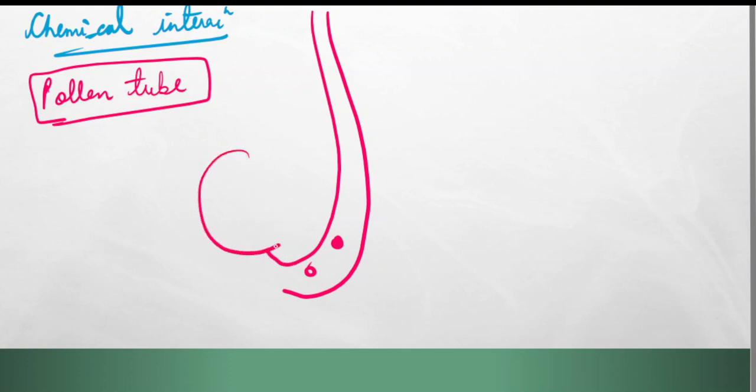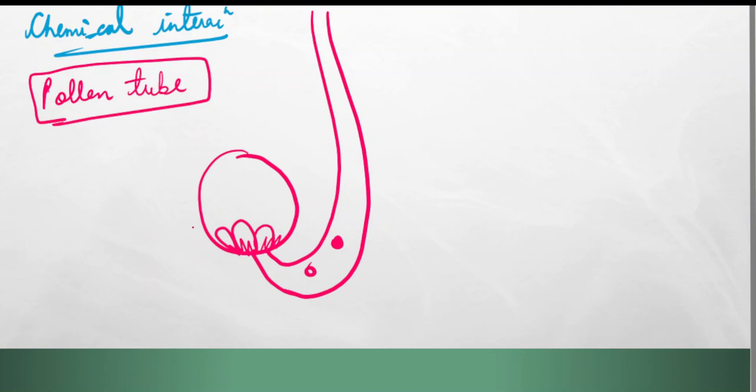See, it's going here, and here you have two synergids, and in the middle you have the egg cell. And you even have the filiform apparatus here. So the filiform apparatus is here to show the direction to the pollen tube, and it's present near the synergid. We know this already. We have studied this when we were studying the female gametophyte. Okay, so entry will occur.